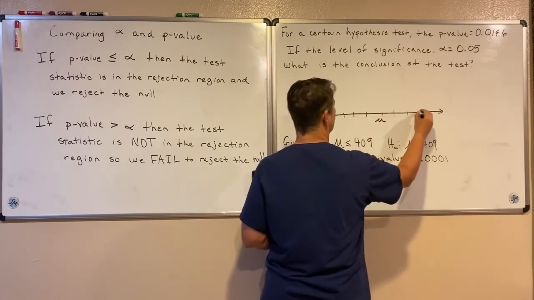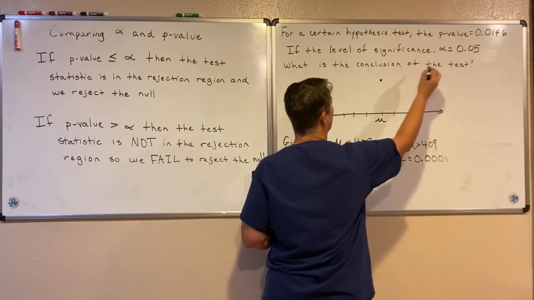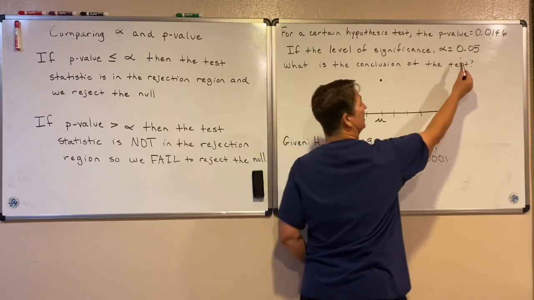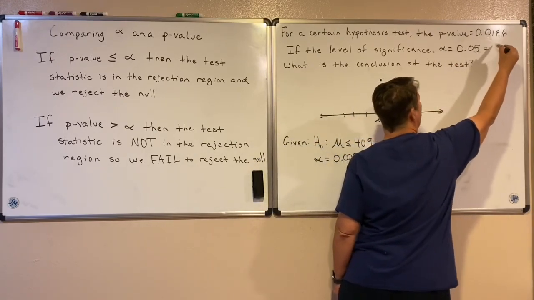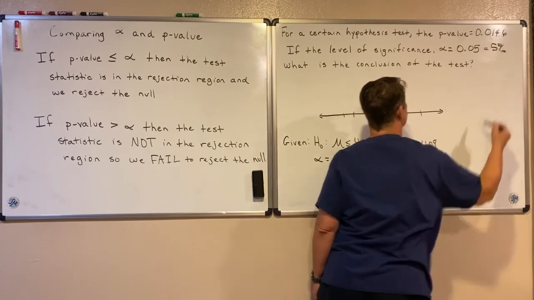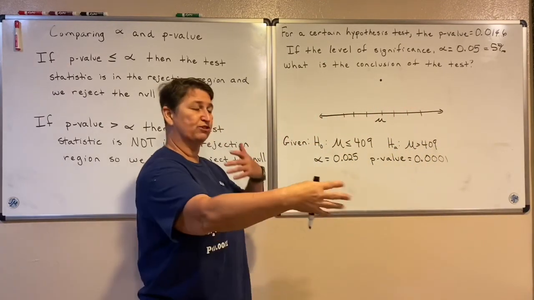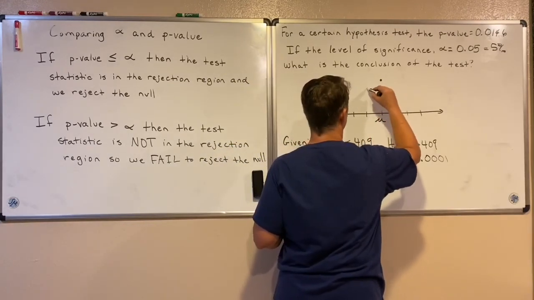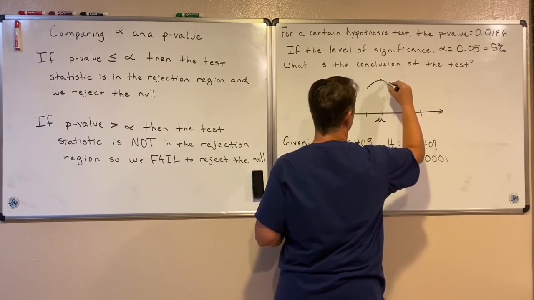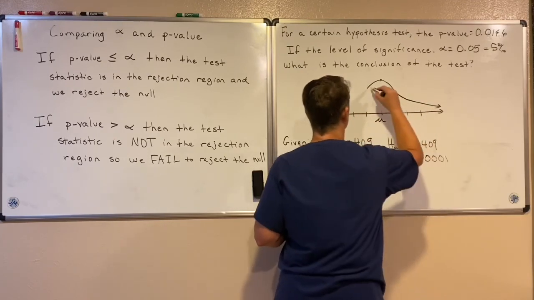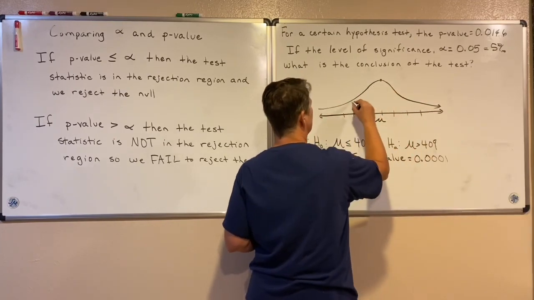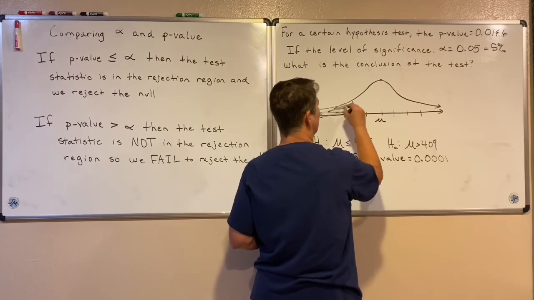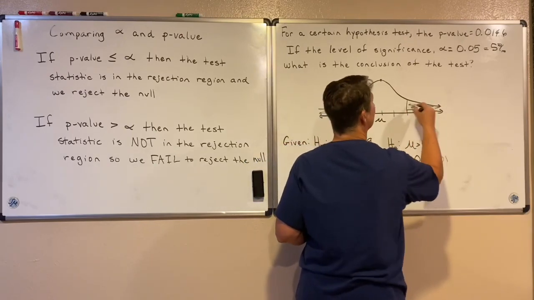If it is a 2-tailed test, then I know that level of significance being 0.05 or 5%, the empirical rule tells me that that's out 2 standard deviations. So if I draw this normal curve on here, then my rejection region would be here at 2 standard deviations on both ends, if it were a 2-tailed test.